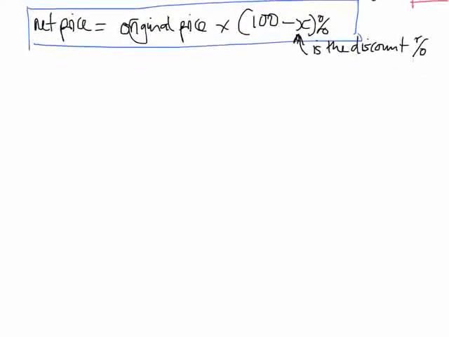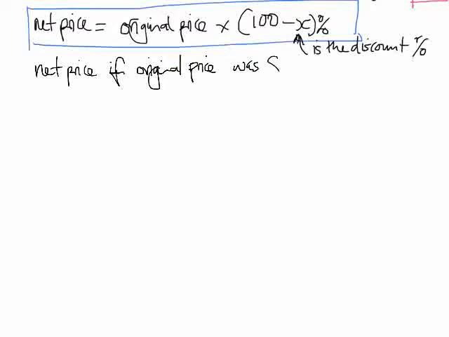Let's try a question. I might just use the example from the book because it's in front of me right now. Find the net price. What is a net price? If the original price was... No, actually, let's change it.